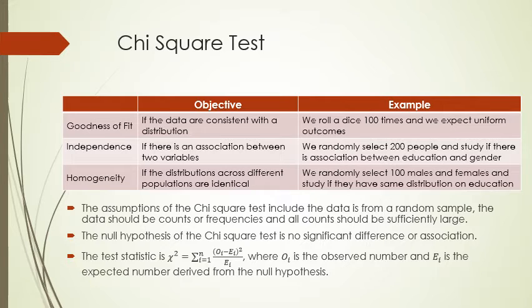The null hypothesis of the chi-square test is no significant difference or association. The test statistic is chi-square, which is the sum of this term, where O_i is the observed number and E_i is the expected number derived from the null hypothesis.